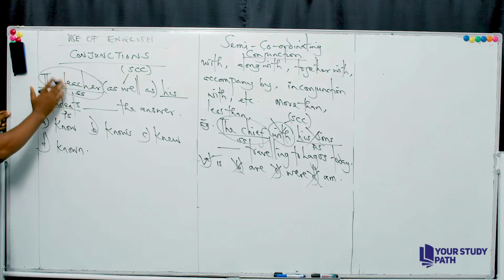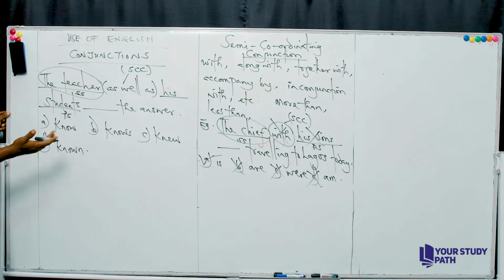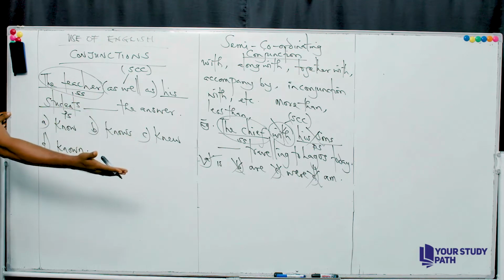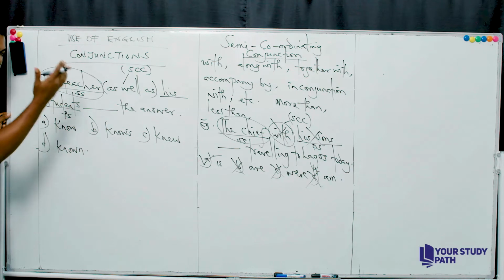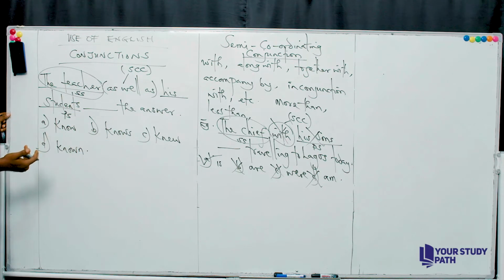The first subject determines the verb. Which means that if the first subject is singular, the verb has to be singular. If the first subject is plural, the verb will be plural. Is that taking? Now, that's number one.